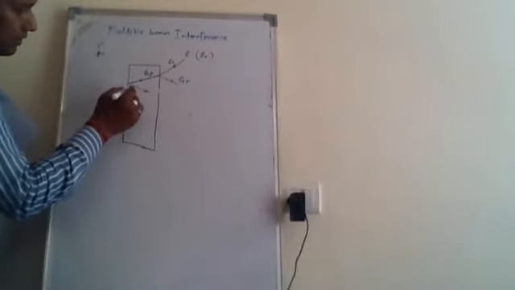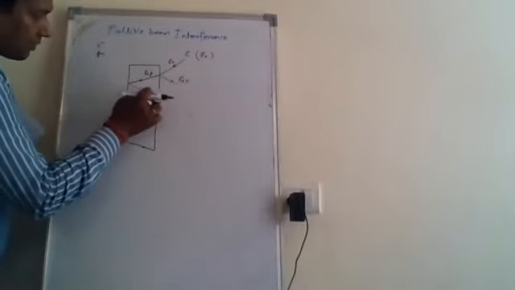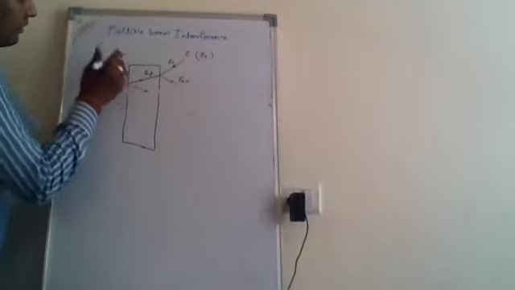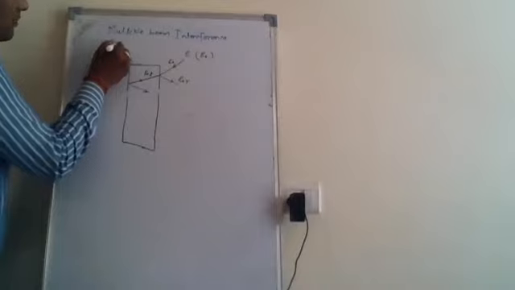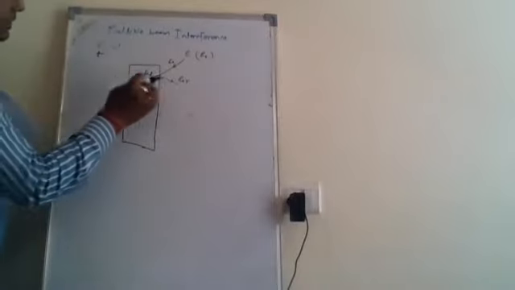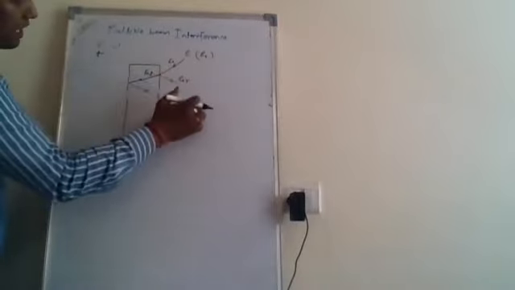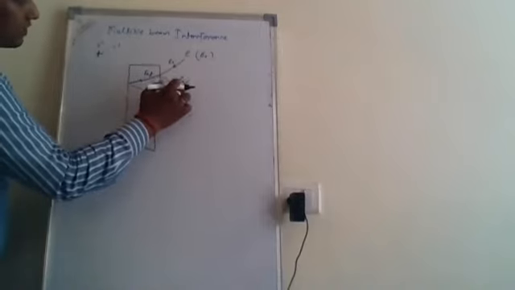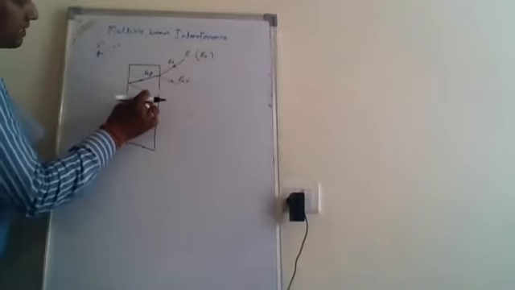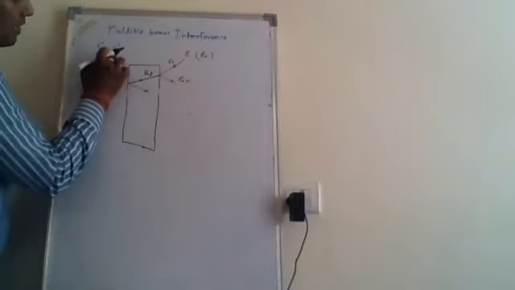If the light is reflecting from inside the thin film, the reflection coefficient is R prime. If the light is reflecting from the outer side, the coefficient is R.